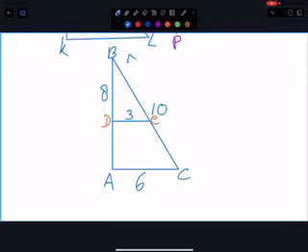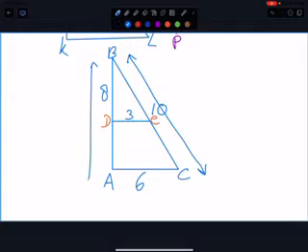Try it nicely. Find the length of BD. BD. No, BD. What I gave you was BA or AB.